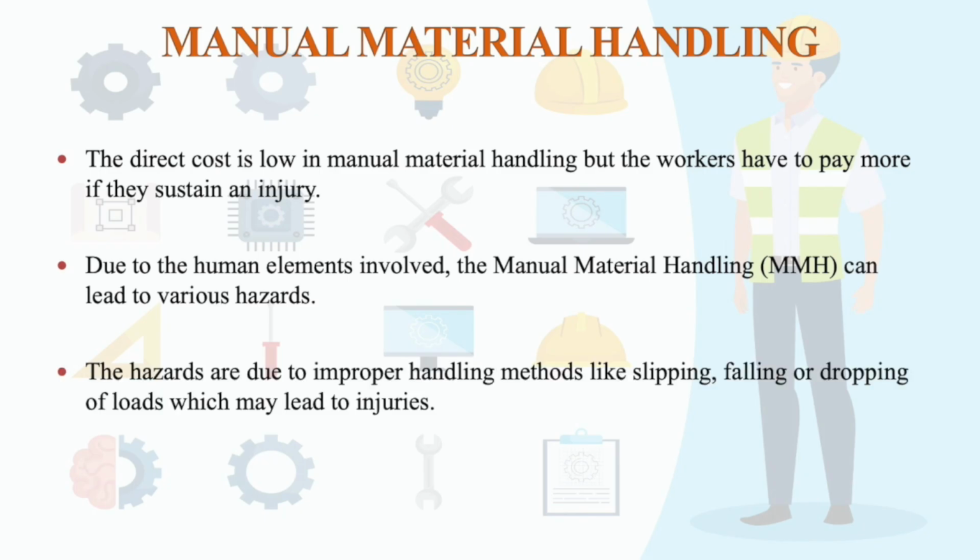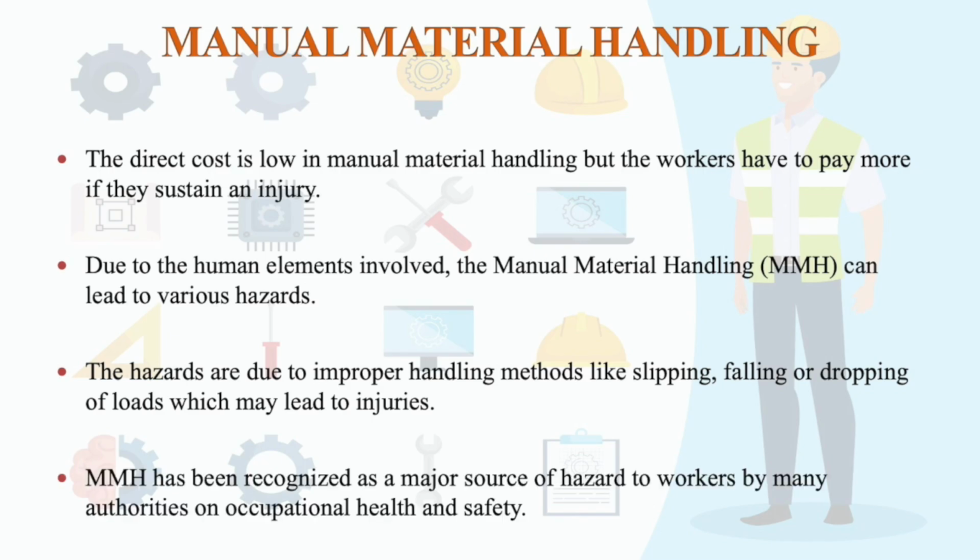The hazards are due to improper handling methods like slipping, falling or dropping of loads, which may lead to injuries. Manual material handling has been recognized as a major source of hazard to workers by many authorities on occupational health and safety. So, manual material handling hazards.